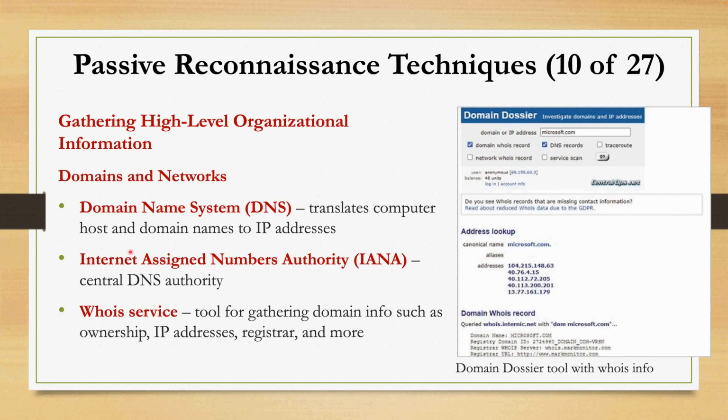IANA basically serves as the central authority for managing the DNS and allocating IP address space globally. It oversees the root DNS zones and delegates responsibilities to regional and national registries.